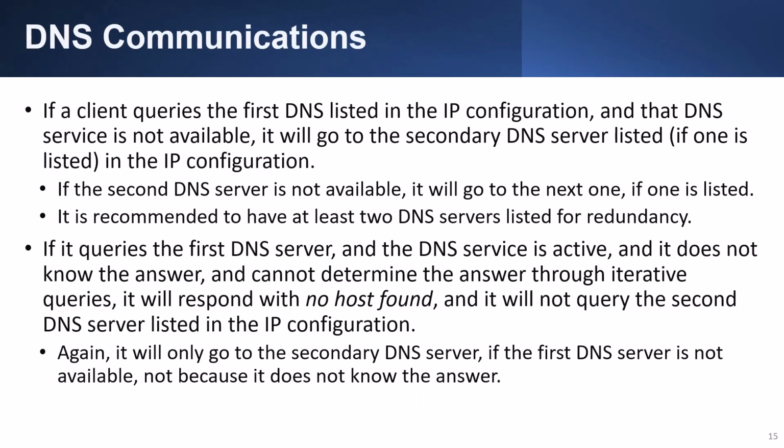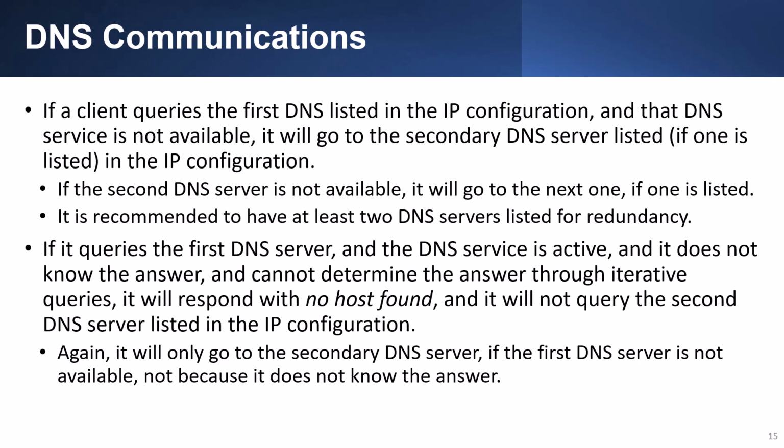If the client queries the first DNS listed in the IP configuration and the DNS server is not available, it will go to the secondary DNS server if one is listed in the IP configuration. If the second DNS server is not available, it will go to the next one if one is listed. It is recommended to have at least 2 DNS servers listed for redundancy.